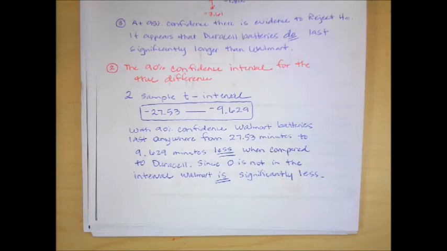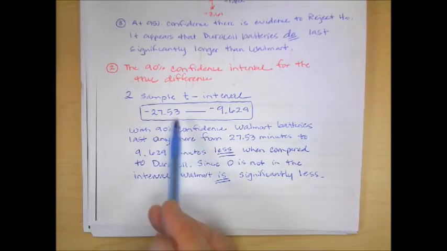If you get an interval where 0 is in the interval, there's a possibility that there's absolutely no difference at all. So that's the conclusion you would have to make: there doesn't appear to be a significant difference. But there did in this one because both sides were negative.